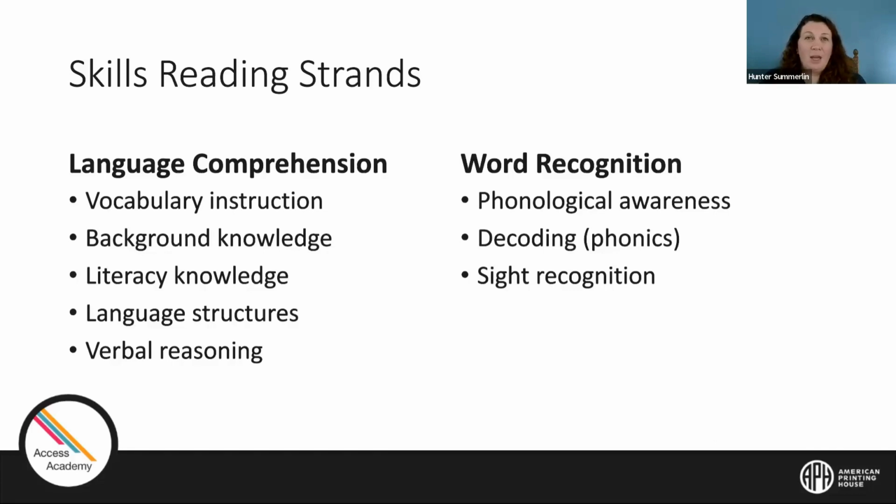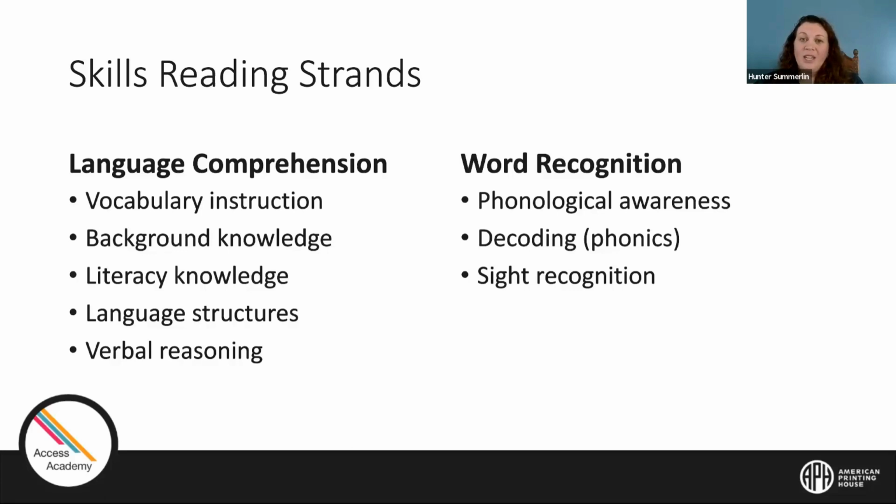But again, it wasn't stated explicitly in that story. So inference is the skill that allows us to put that piece together, even without it being directly and explicitly stated. And I find that students, not only with students with visual impairments, but students globally struggle with that. So that's an area that we can focus on in order to improve language comprehension.